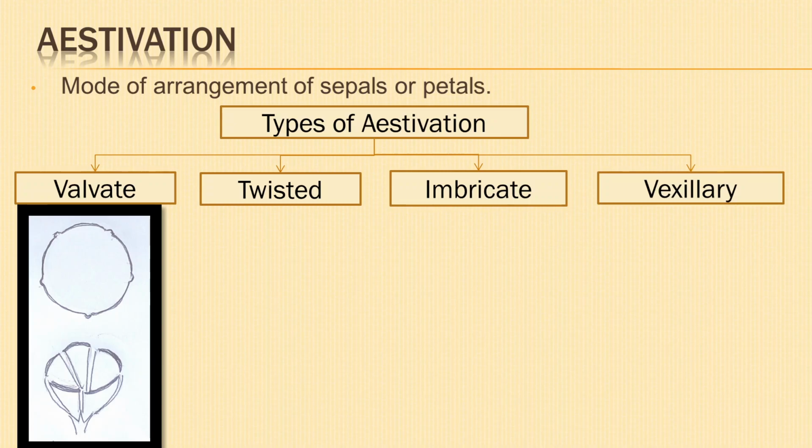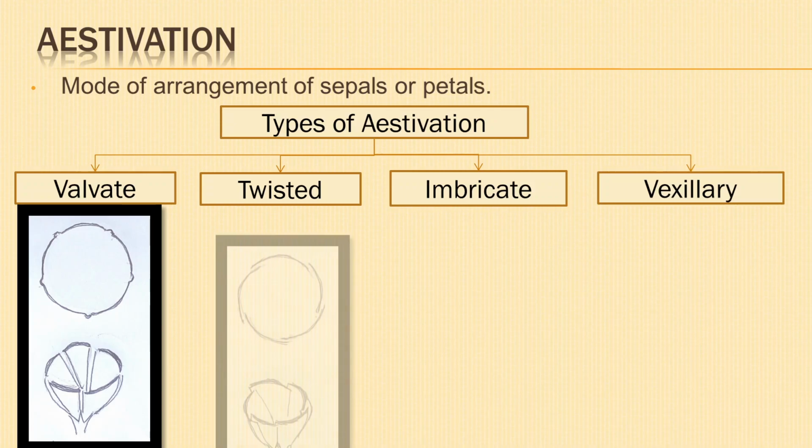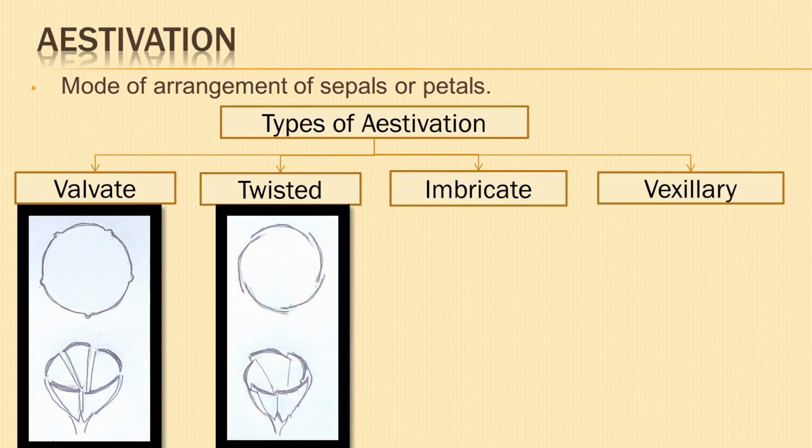contact or lie close to each other without overlapping. Example, calotropis. Twisted or contorted.